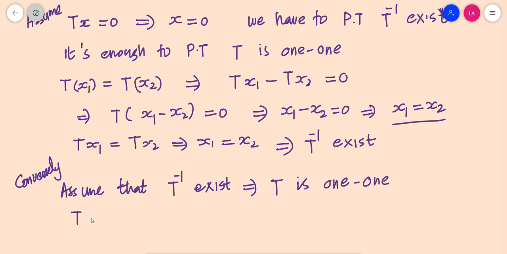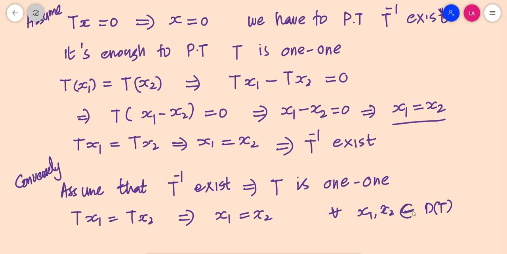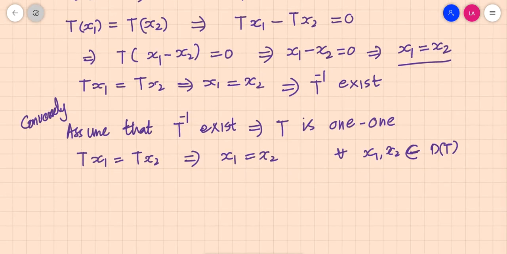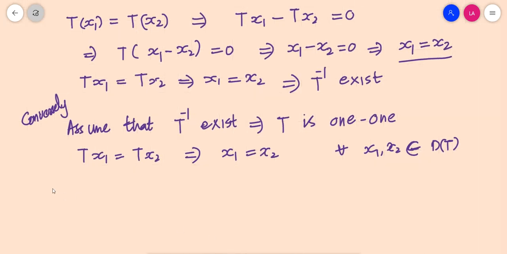Then we have T of x1 is equal to T of x2 implies x1 is equal to x2 for all x1, x2 belongs to D of T. This is the definition of one-one. Now choose our x2 to be 0.